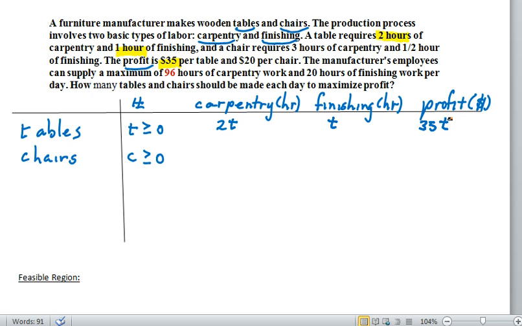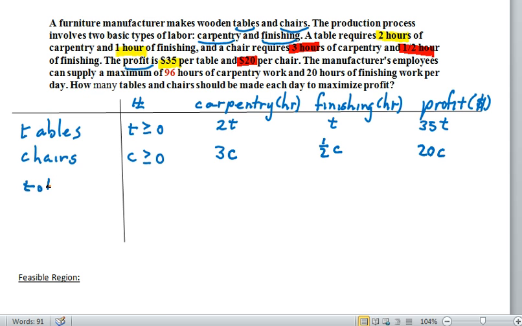For the chairs, we have the chairs require 3 hours carpentry, 1/2 hour finishing, and have $20 profit. And so for the chairs, we'll have 3C hours carpentry and 1/2 C hour finishing for a profit of $20C.